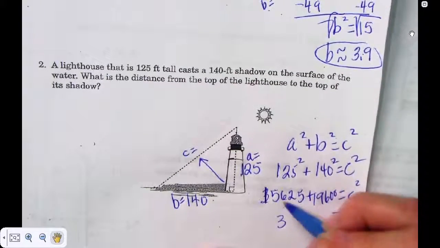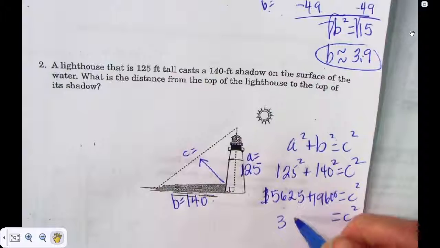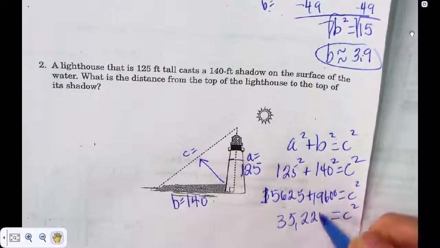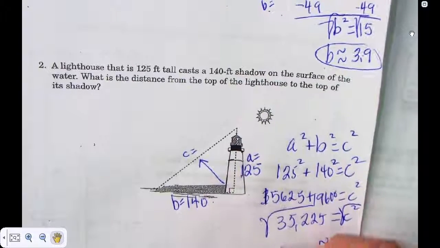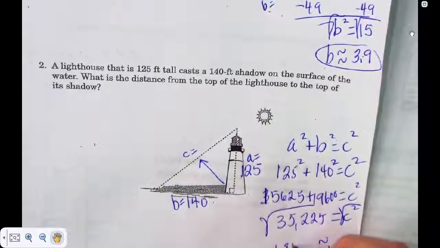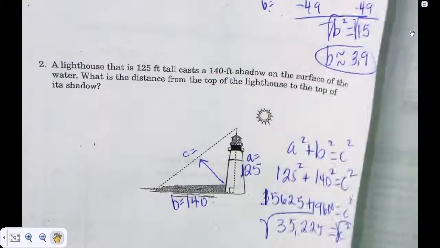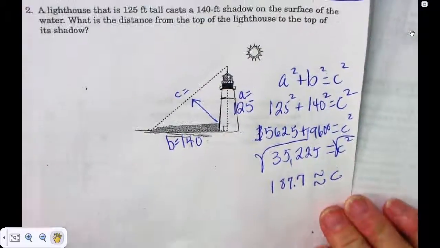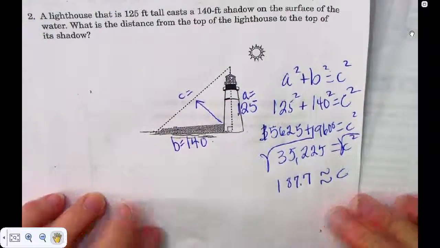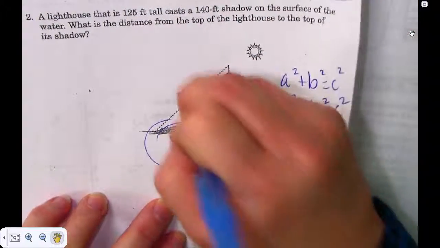So 30. Okay. And then you got to get the square root. So C is about... 'kay. So y'all missed it because you put 140 up there.